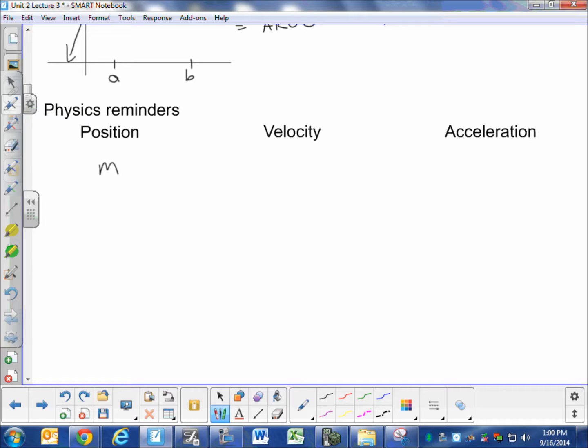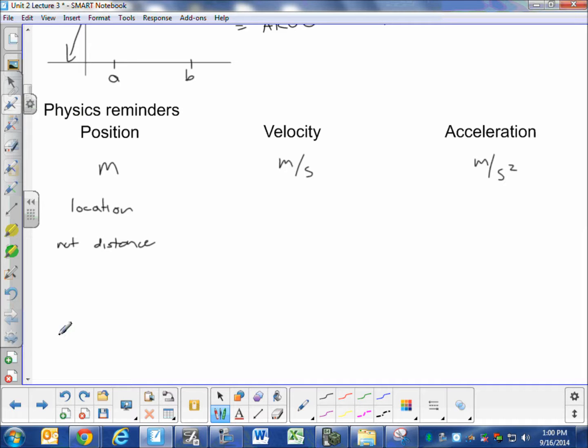We know position is in meters, velocity is typically meters per second, and acceleration is meters per second squared. Position is just a location. It's not distance. It's where you are at a certain point.